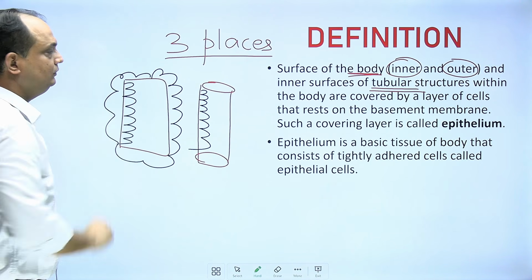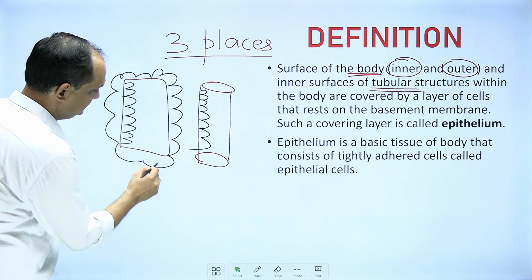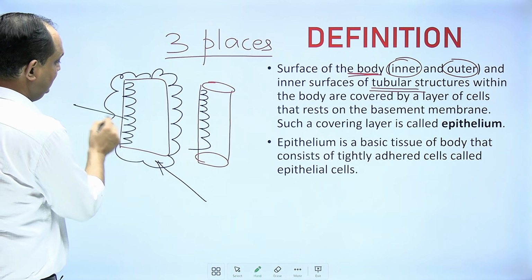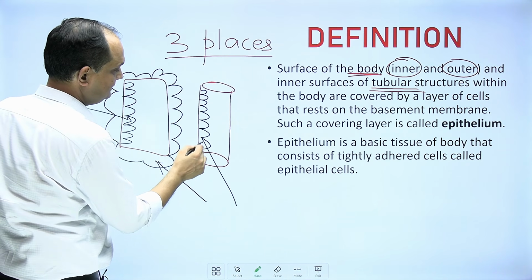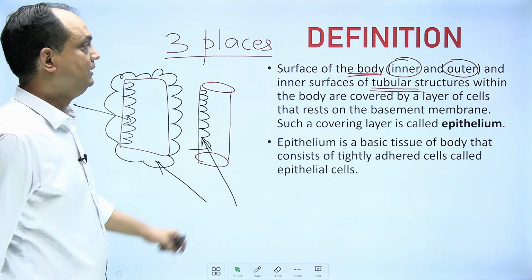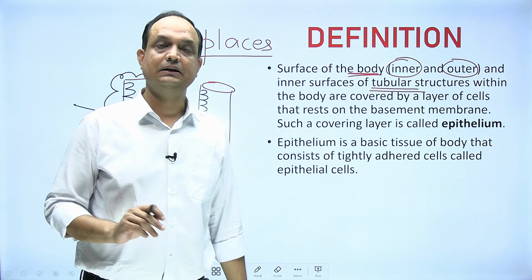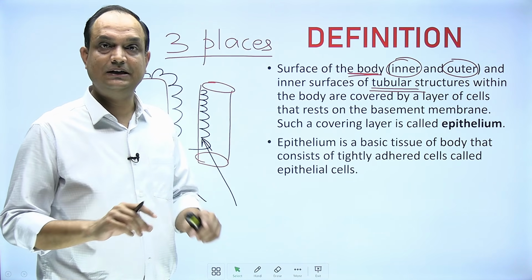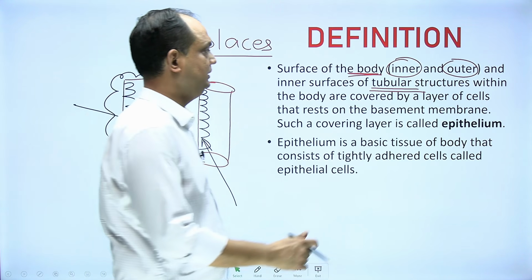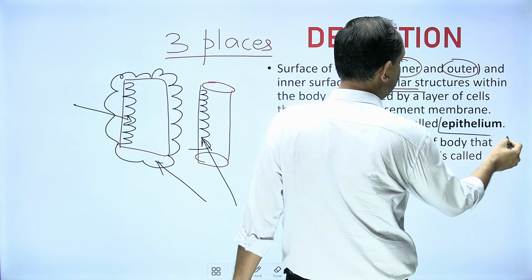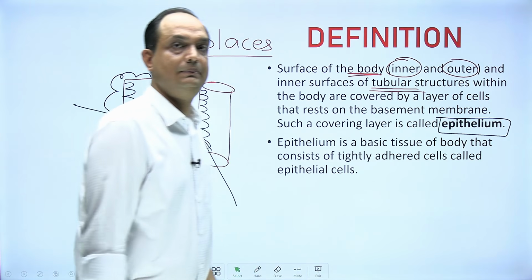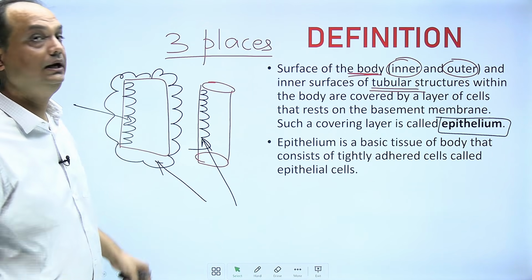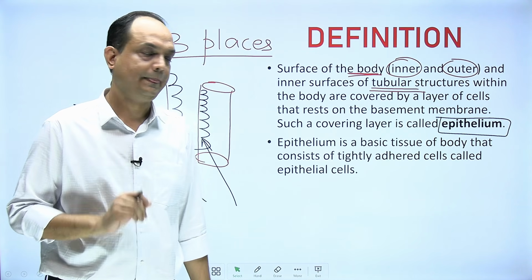Clear? So epithelium forms the covering and lining. We will see the epithelium, which is a layer of cells present on the basement membrane, and that is what is known as epithelium. So where will you search for the epithelium? We will search for it at these three places in the body.